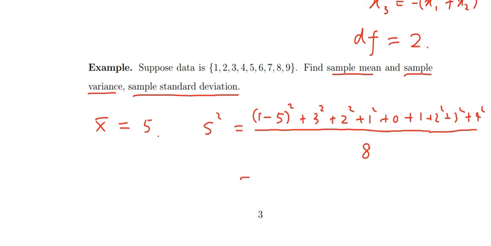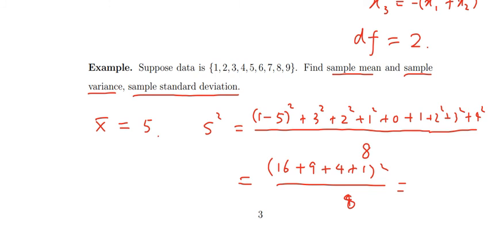For such a problem, maybe it is easier to find it this way. 4 squared is 16, times 9, plus 9 plus 4 plus 1. So this is 30, right? And here it is the same, so just multiply by 2, divided by 8.